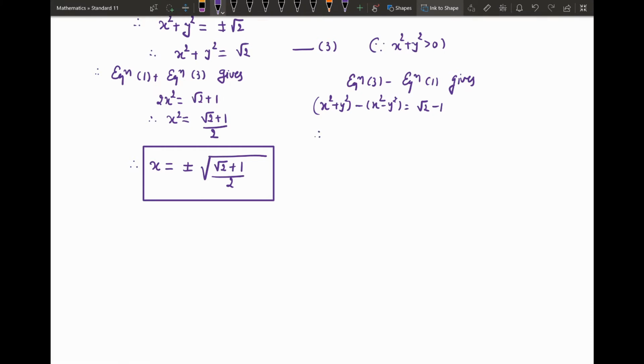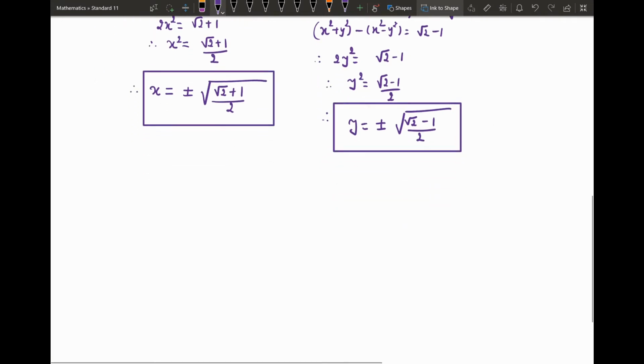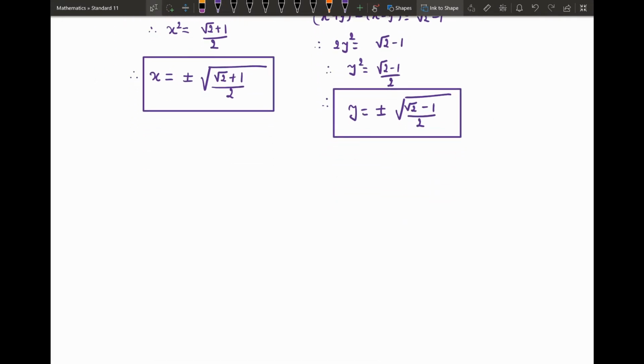So from this we get 2y square equals root 2 minus 1, so y square equals (root 2 minus 1) by 2, and therefore y equals plus minus under root (root 2 minus 1) by 2. So these are the possible values for y.